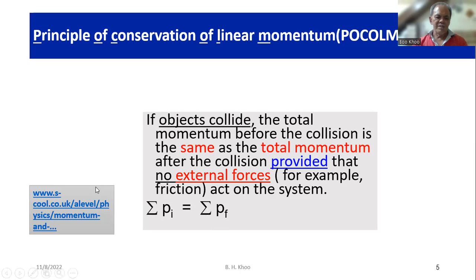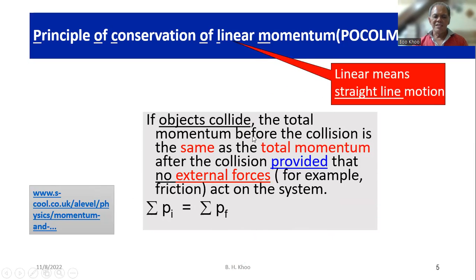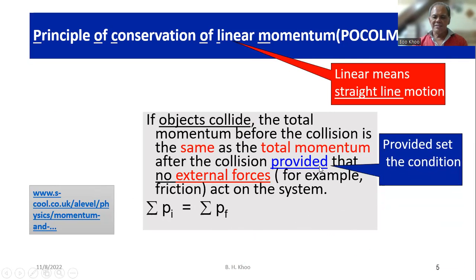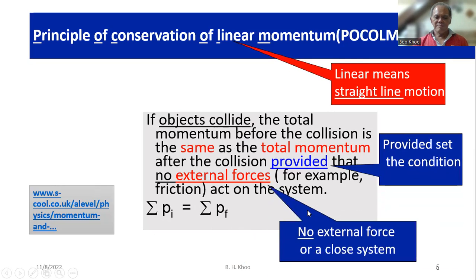Or, to summarize, the sum of momentum initially equals the sum of momentum finally. Linear means on a straight line, one dimension. For the principle to work, there must be a condition: no external forces, no friction, or sometimes we call it a closed system.